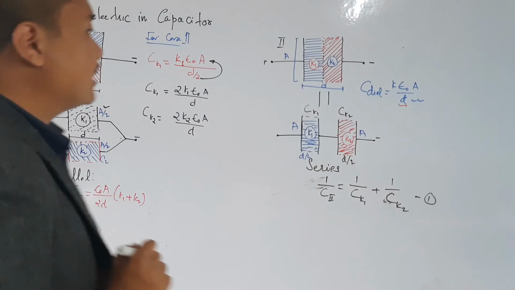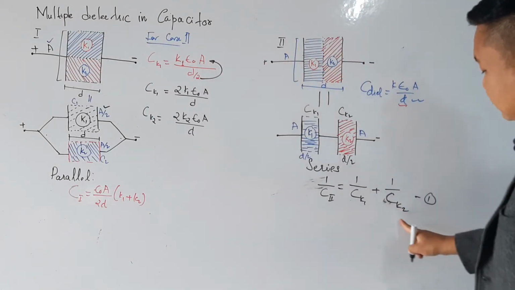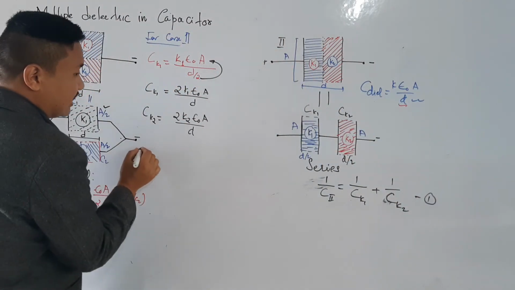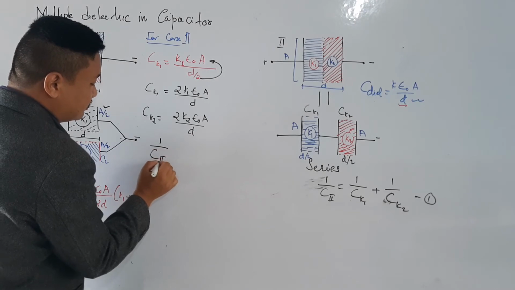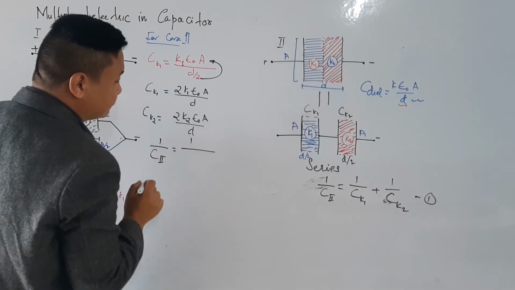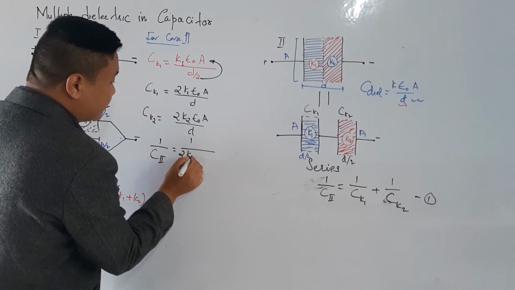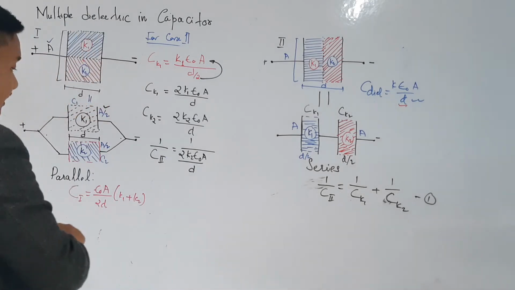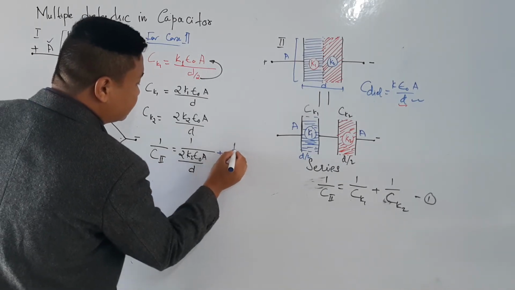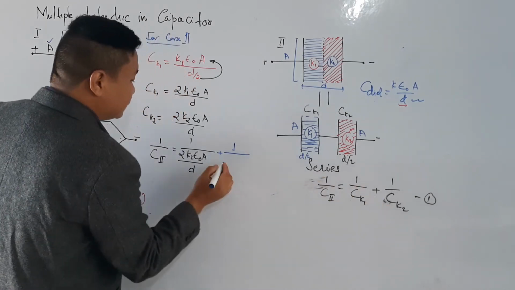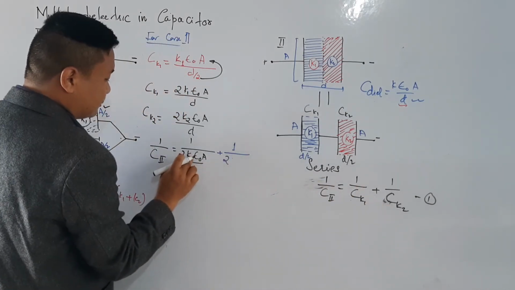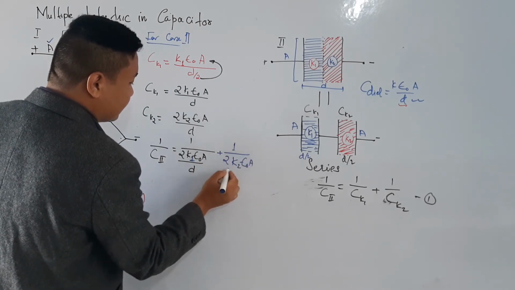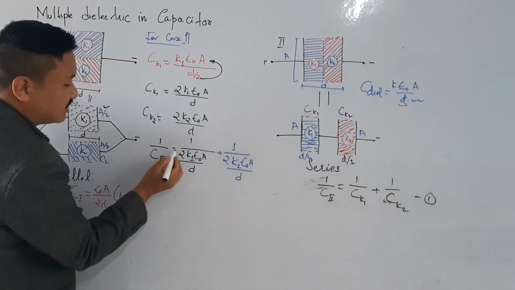Now whenever I substitute the values of Ck1 and Ck2 in equation number 1 for the second case, I will get 1 by C2 is equal to 1 divided by 2 K1 epsilon naught A divided by D, plus 1 divided by 2 K2 epsilon naught A divided by D. Please remember this equal to is here.